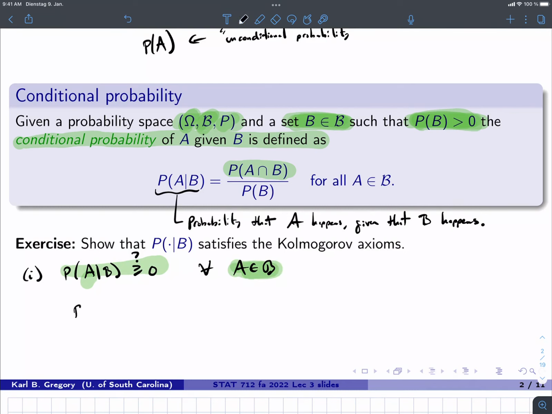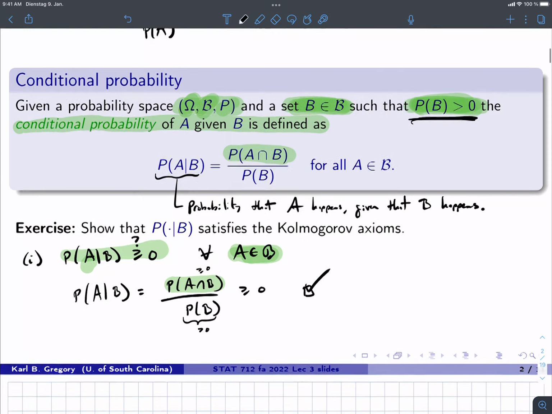So let's see if we will always get a non-negative number. It's defined in this way, and I know that this probability is always greater than or equal to 0. This one we've assumed is greater than 0 in the definition of conditional probability, and so this is always greater than or equal to 0.